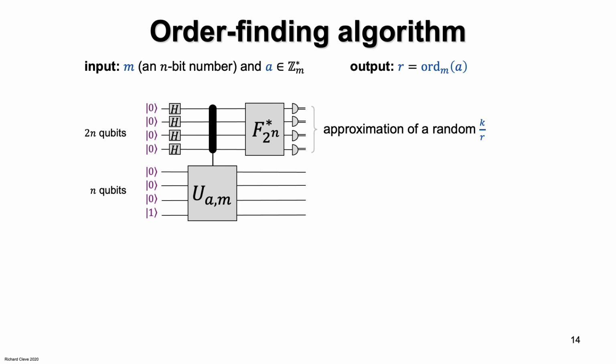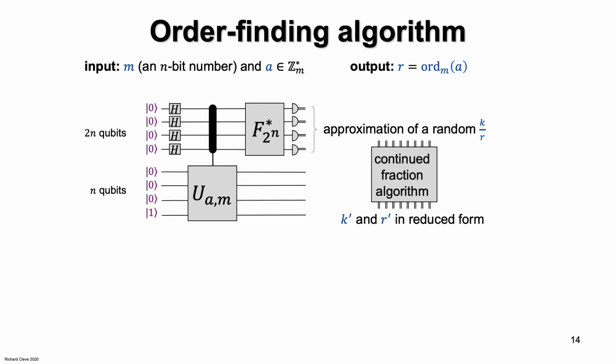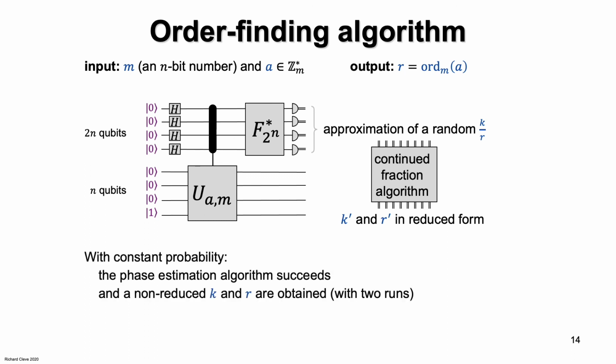To this, we apply the continued fractions algorithm, a classical algorithm, to get a k prime and r prime, which is the numerator and denominator of the fraction k over r in reduced form. With constant probability, the phase estimation algorithm succeeds, and a non-reduced k and r are obtained, using the method of 2 runs that I described. The total gate cost is order n squared log n, and the algorithm succeeds with constant probability.